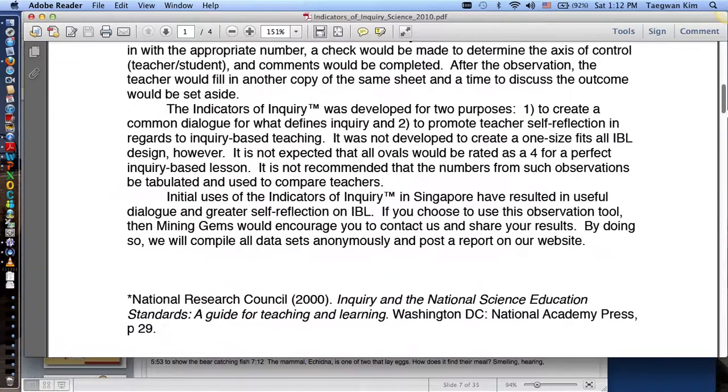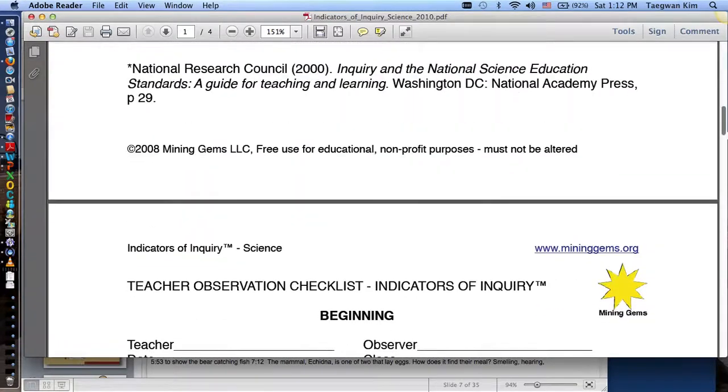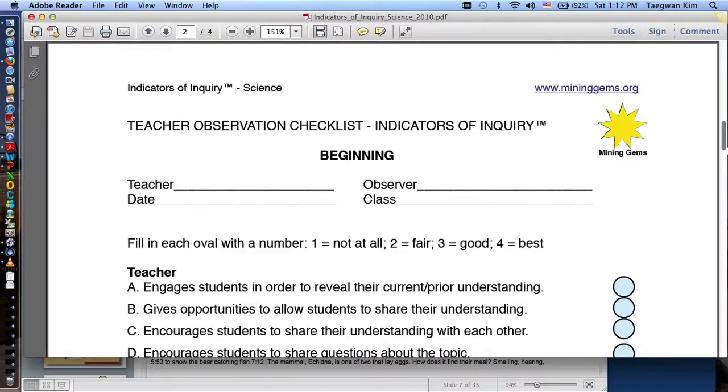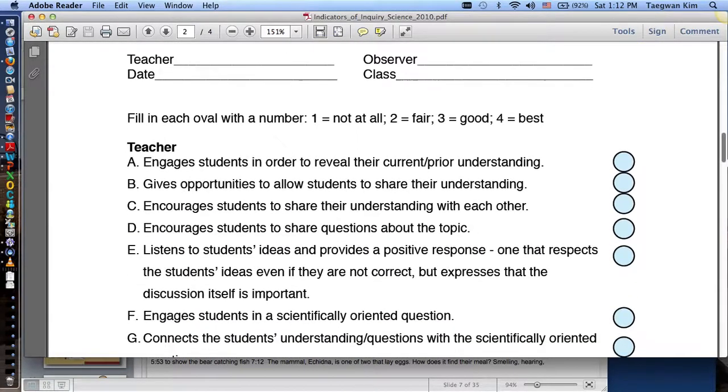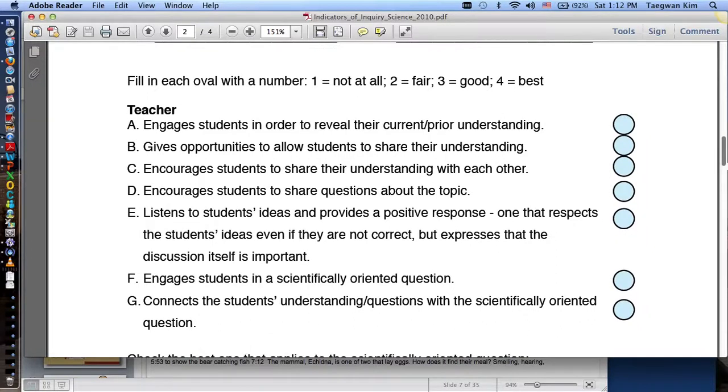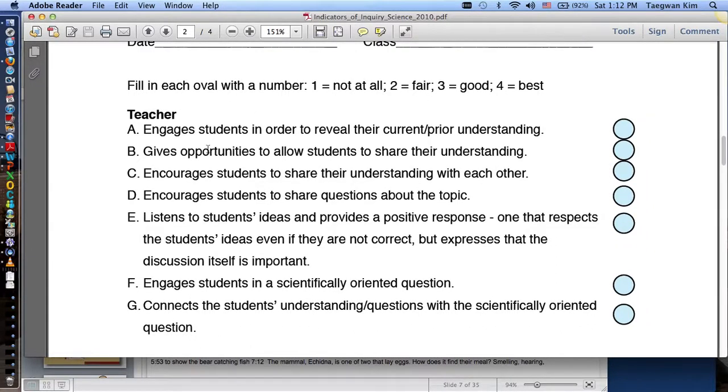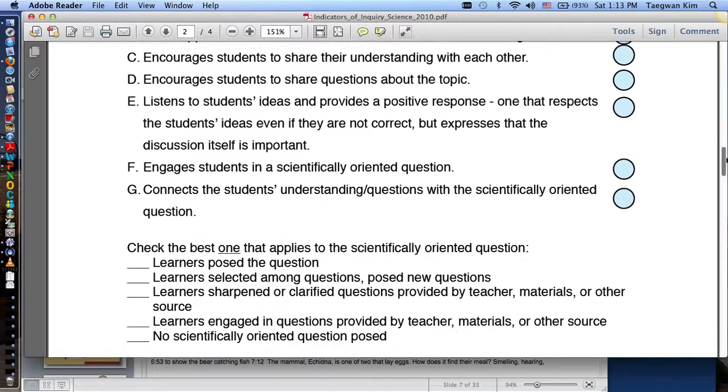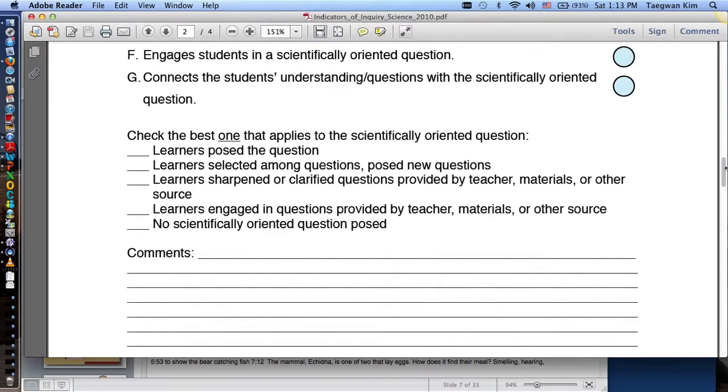I'm sorry, this is inquiry. Okay, so if you want to measure inquiry, here are indicators of inquiry. Teachers need to set some of these steps. You need to do some actions with students and then check if your students show some of these indicators. Learners pose questions.